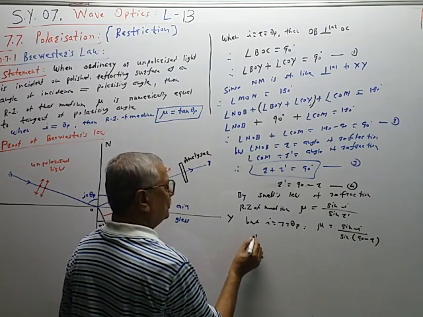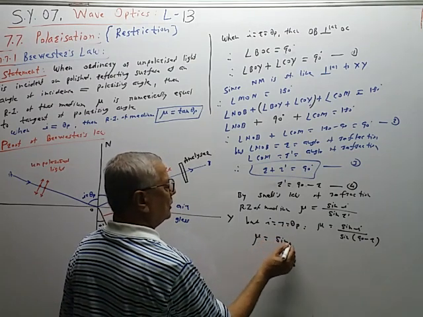So using this value, mu is equal to I is replaced by theta P.